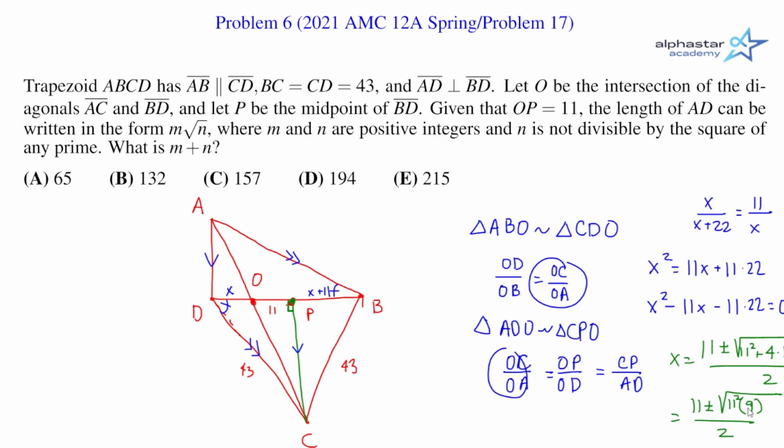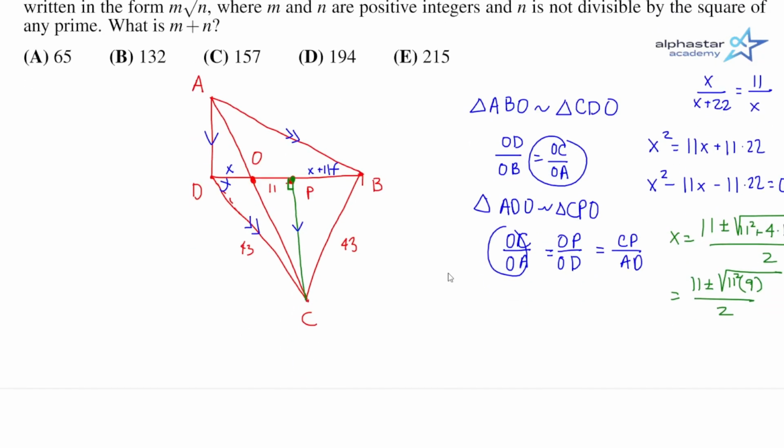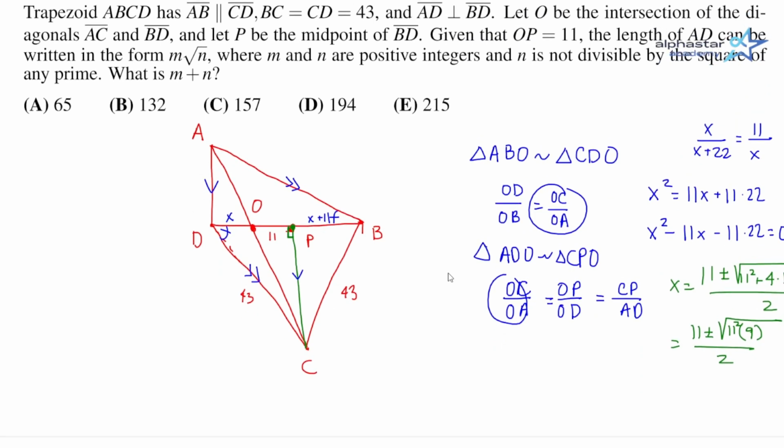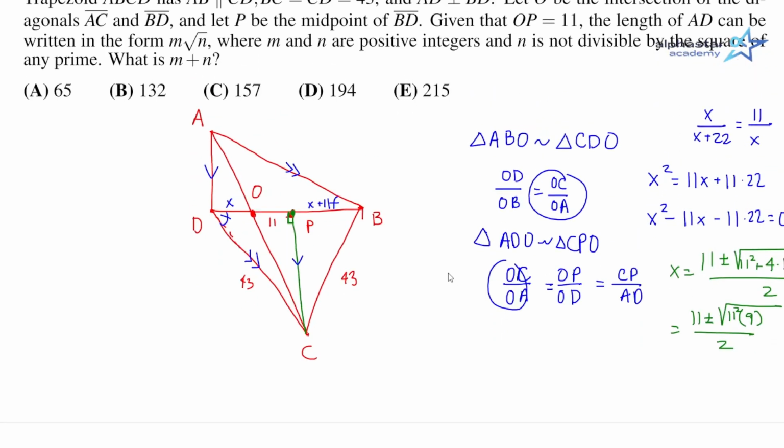So the square root of 11 squared times 9 is 33. So x must equal 11 plus 33 over 2, or 22. The other root is negative, which we don't care about.